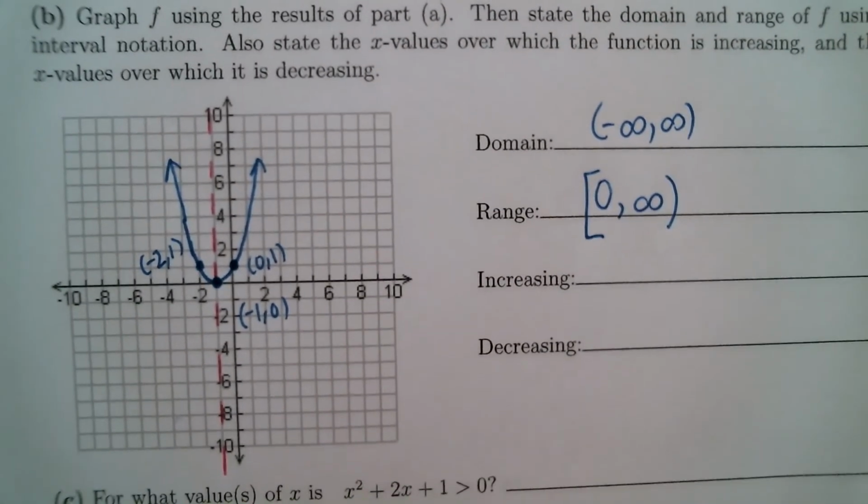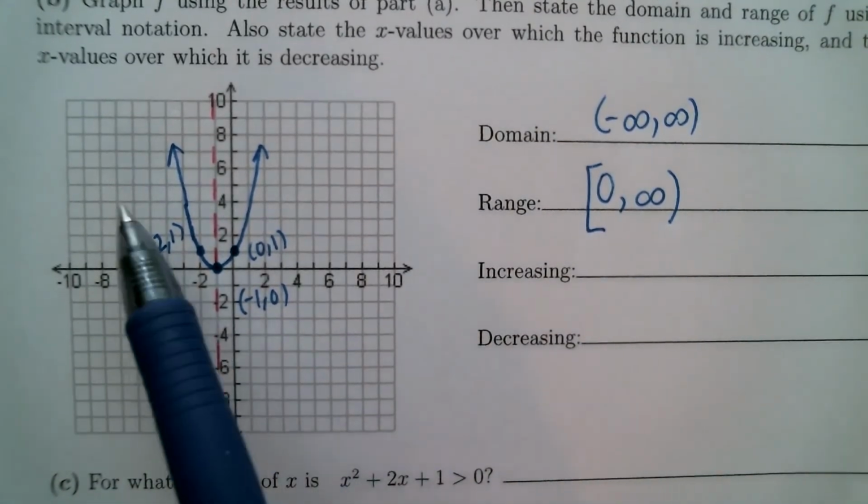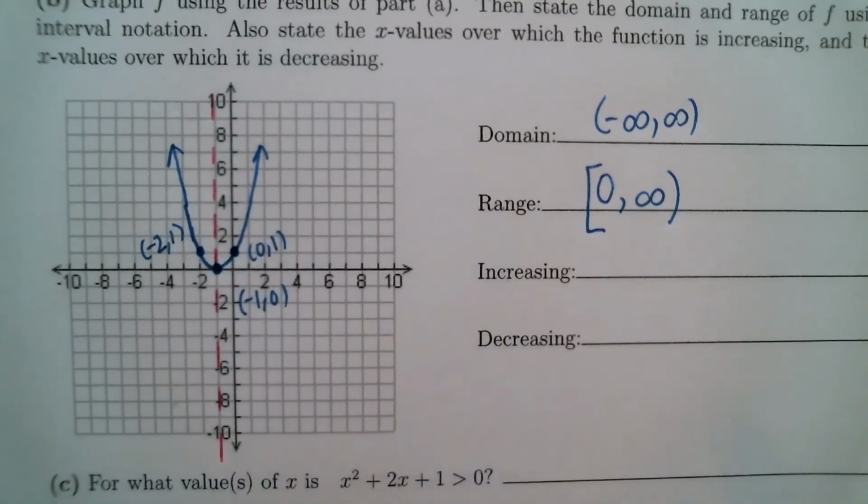All right, increasing, decreasing, constant, or there is no constant, but increasing, decreasing, I will do what I did in the last problem. I will outline it from left to right, or trace the curve. Again, the arrows on the end just indicate that the parabola is going up forever. You should not look at that for increasing or decreasing.